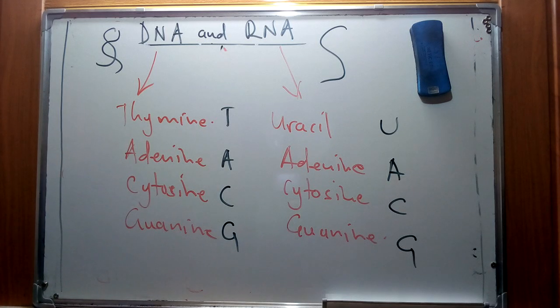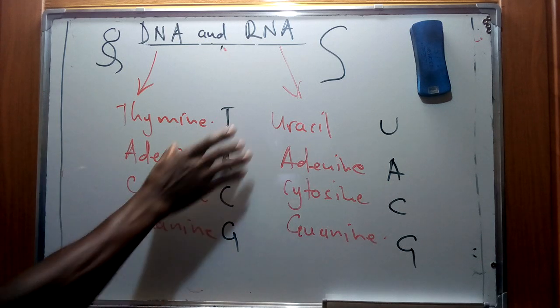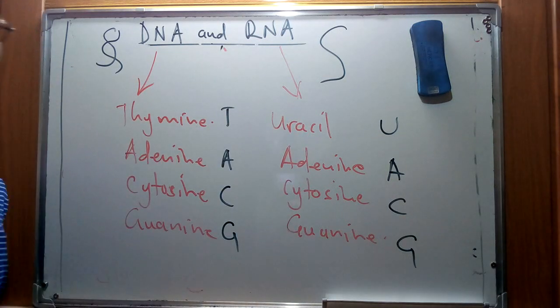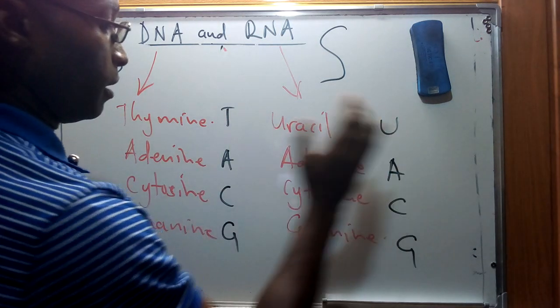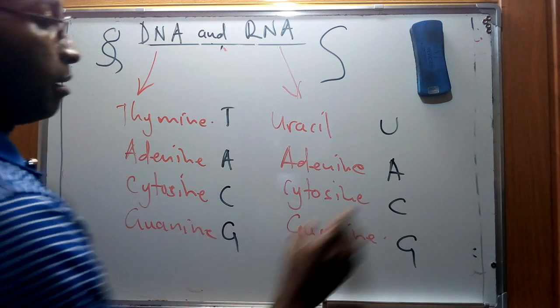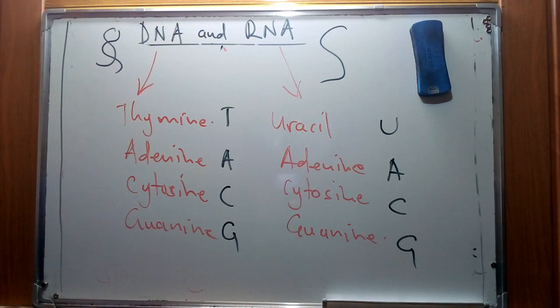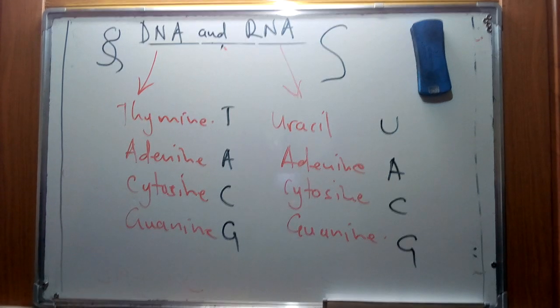Now I'm going to give an illustration of how these respective bases are going to bond. We're going to see that thymine bonds with a respective base which has a receptor site for it, and this is going to be the case for the other molecules.